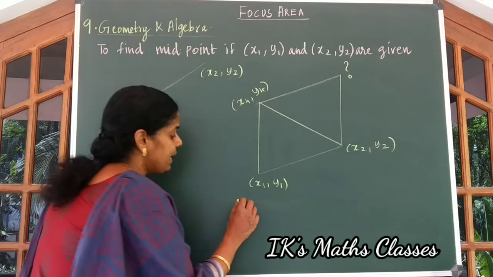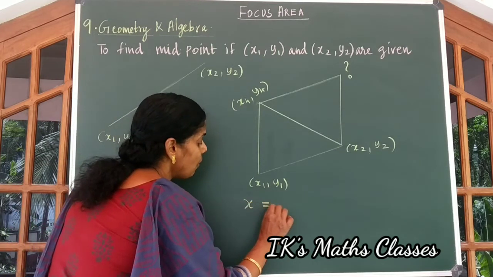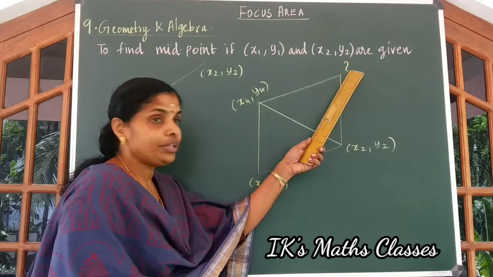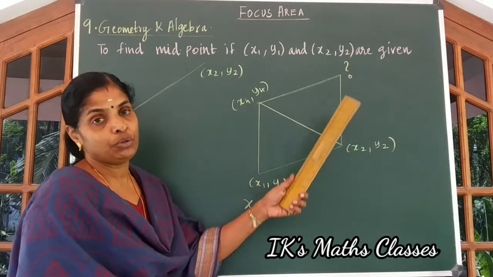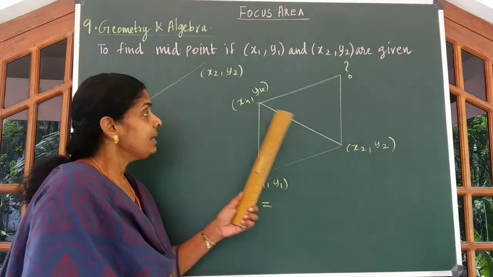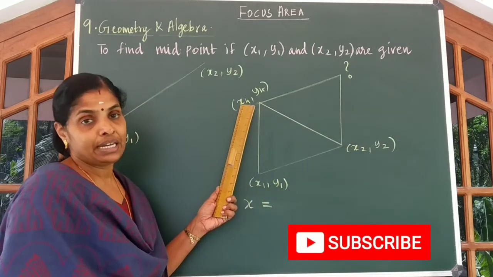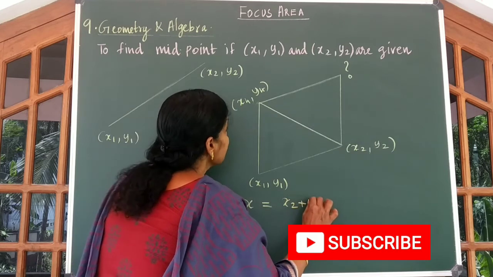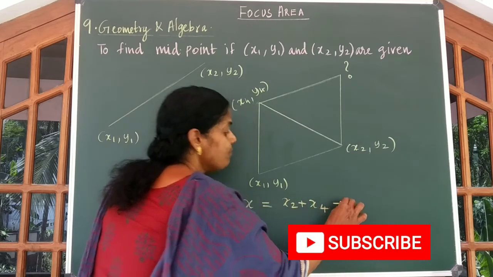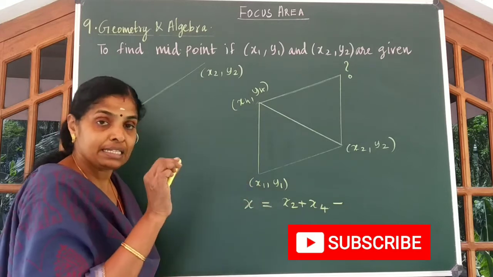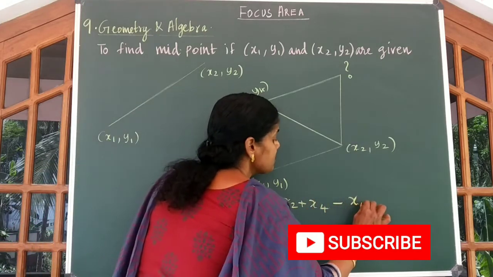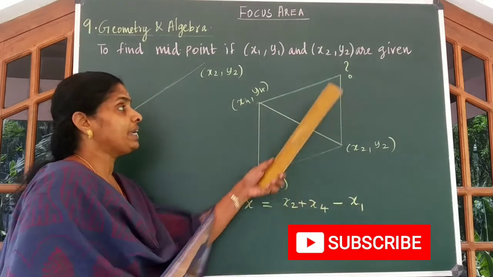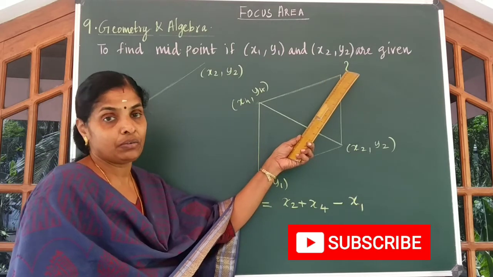To find the x coordinate of the fourth vertex, you have to add the diagonal x coordinates. That is, you will get x2 plus x4, from which you have to subtract x1. So this is the easy way to find the fourth vertex of the parallelogram.